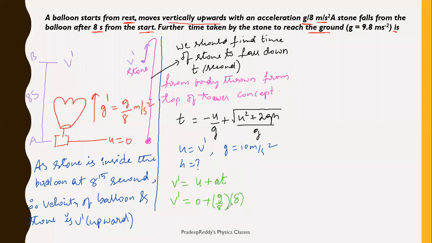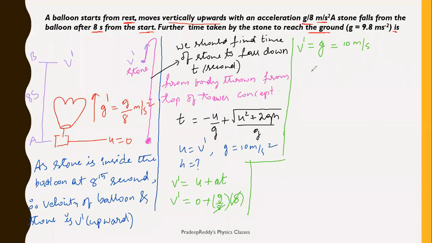Right? 8 and 8 get cancelled. What is left over here? V dash is equal to g. What is the value of g? This is 10 meter per second. Remember, V dash is numerically equal to 10. So the velocity at the time of projection of the stone is 10 meter per second. That we have got.